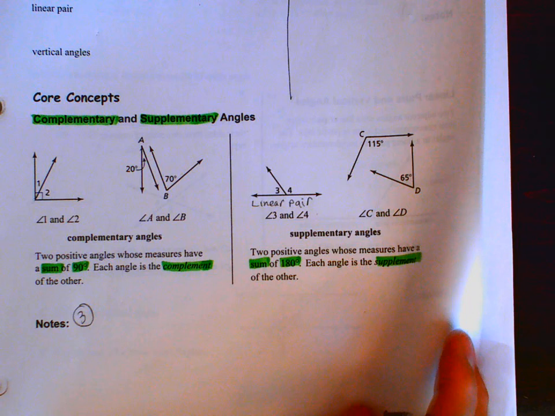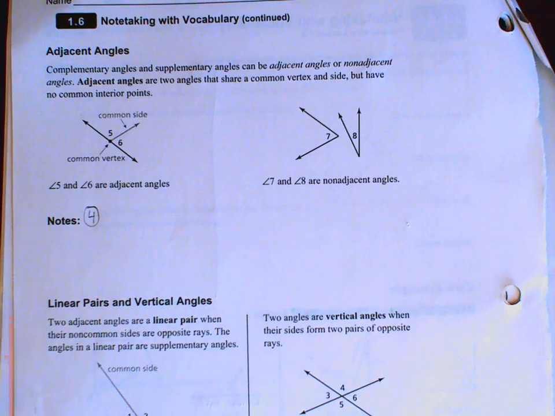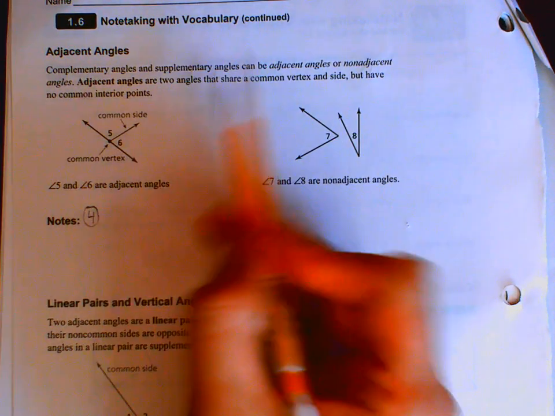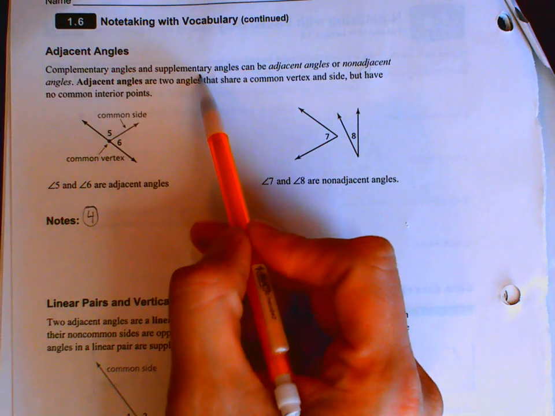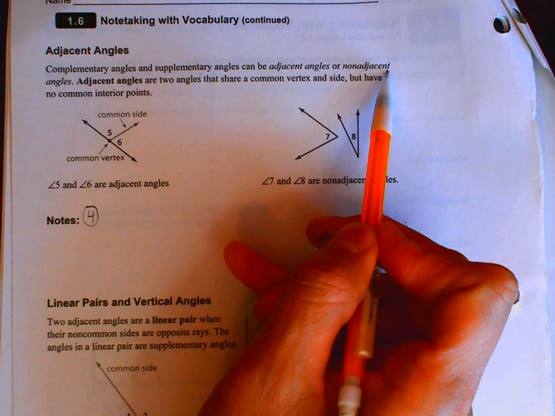All right, please turn to page 30 really quickly. What we were just talking about is adjacent angles. Both complementary angles and supplementary angles can be adjacent or non-adjacent.